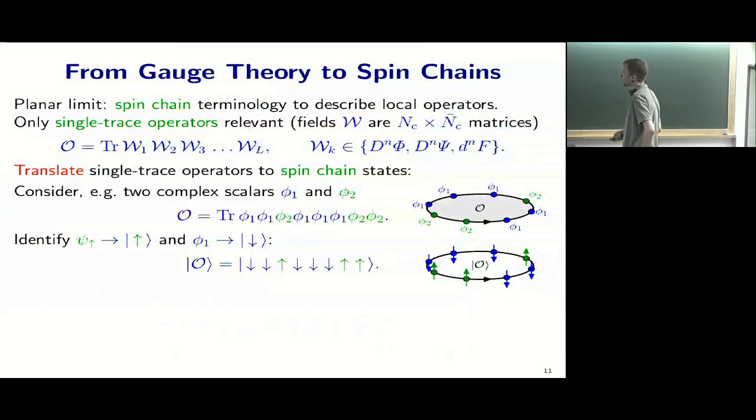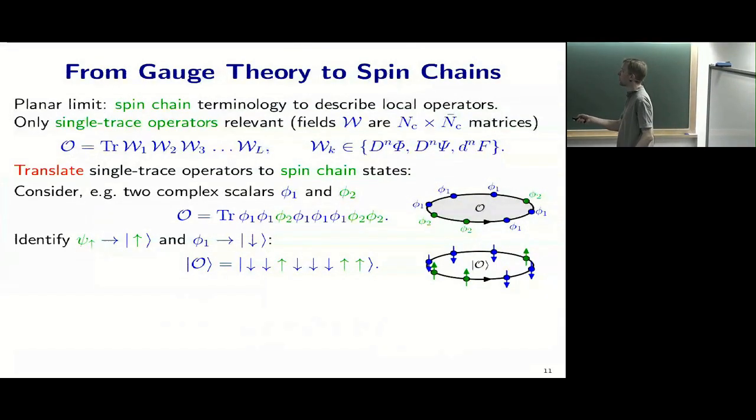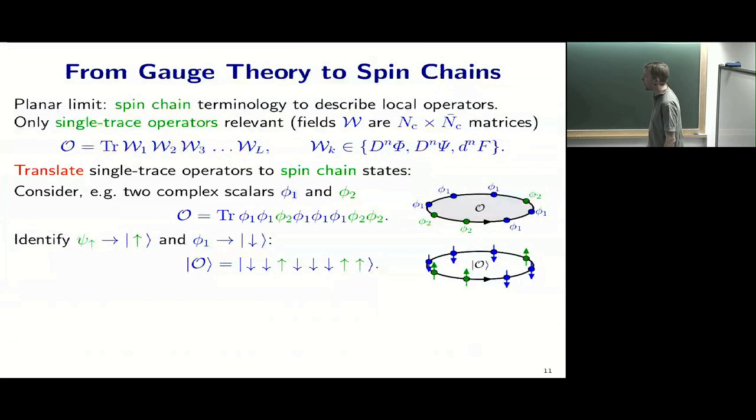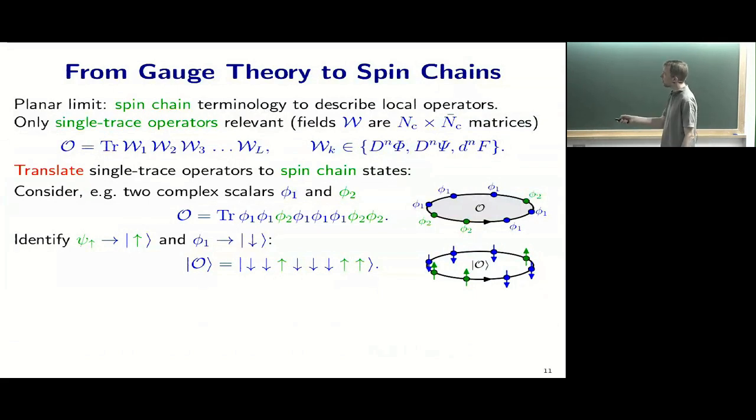Let's translate this to the terminology of a simple sector, which just has two scalar fields without derivatives. Any local operator will be of this form, some sequence of phi1 and phi2, which due to the trace becomes a cyclic object, and so you could depict it like that. If you then identify phi1 and phi2 with a spin up or a spin down state, then you have a state which is a sequence of spins, either pointing up or down. That's what you call a state of a quantum spin chain.